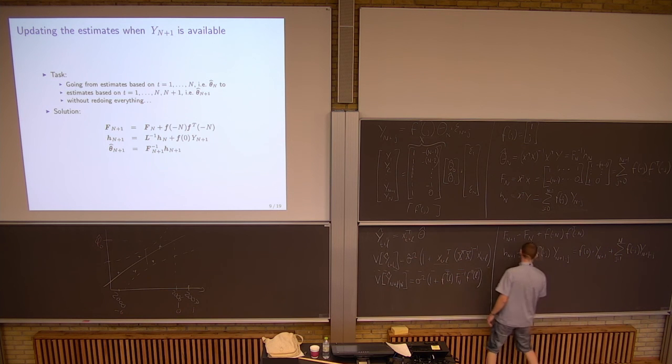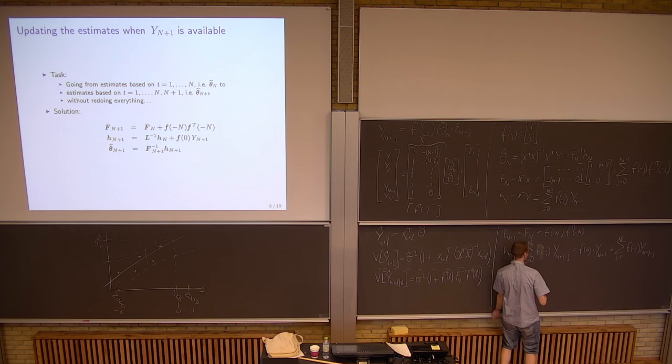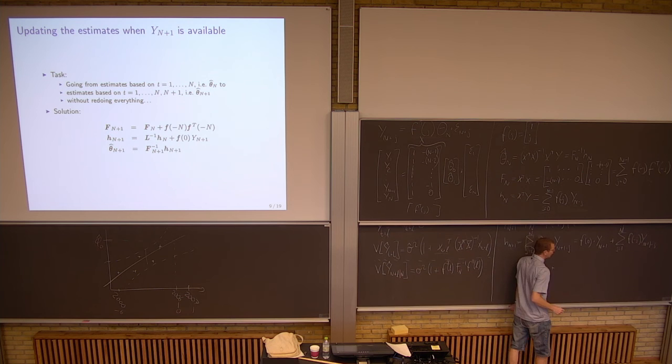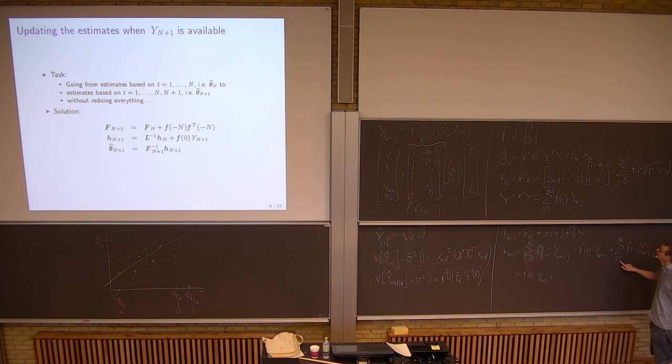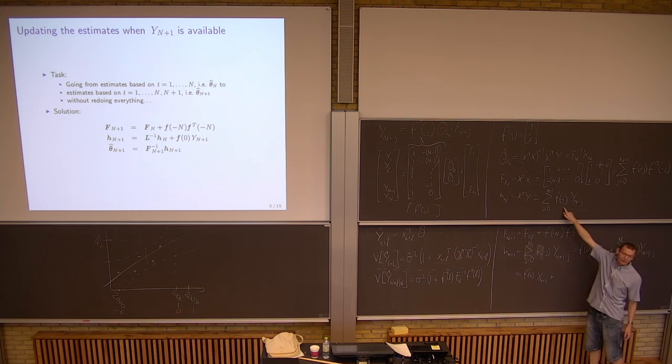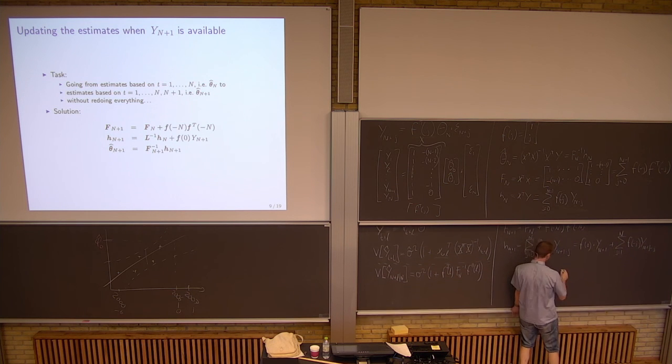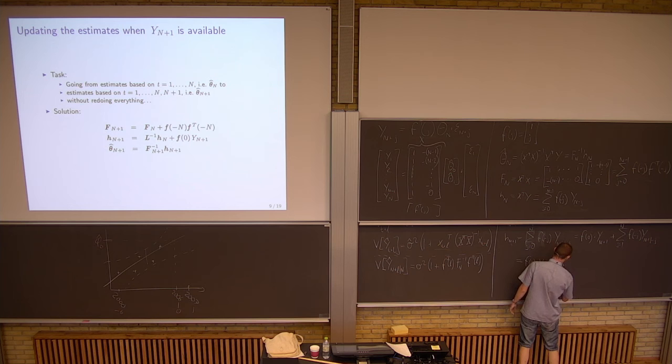The tricky part is to say, well, we still have this f of 0 times y n plus 1, plus. But now I want this sum here to look more like the one up here. So I want to shift the indices here. So I take the sum j equals 0 to n minus 1.